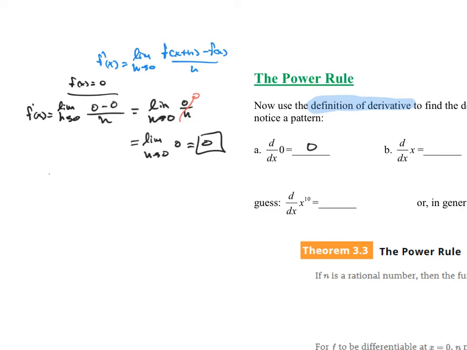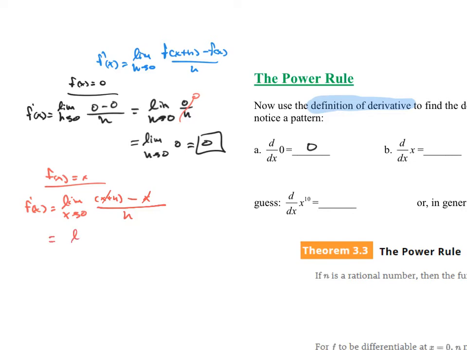Let's move on to the next one. I'll do it in a different color. How about f of x equals x is the next one they wanted to do. So if we did f prime of x here, we would be finding the limit as h approaches 0 of f of x plus h. So in that case, look at your original function. Where there's an x, you'd plug in x plus h, right? So this would be x plus h minus the original function, which is just x, all over h. Well, notice what happens. Our x's cancel here.